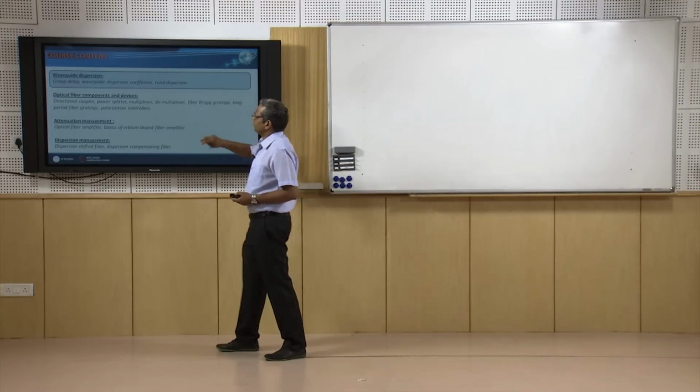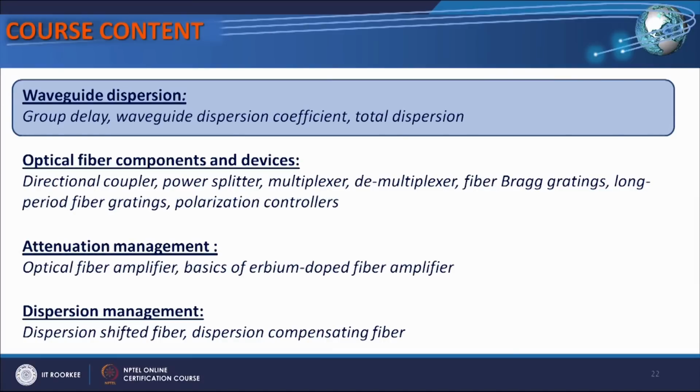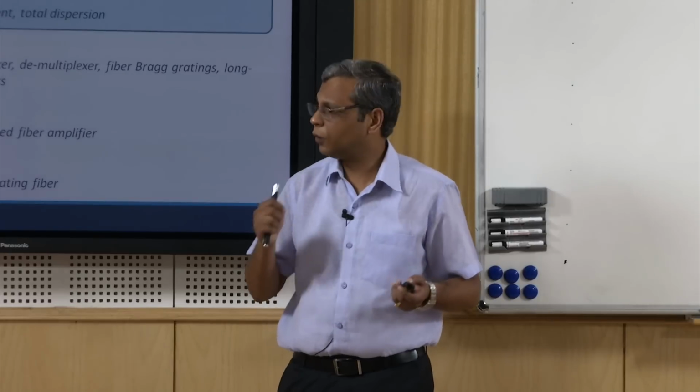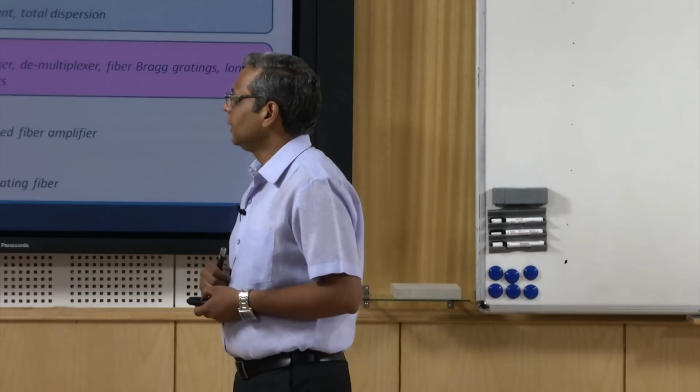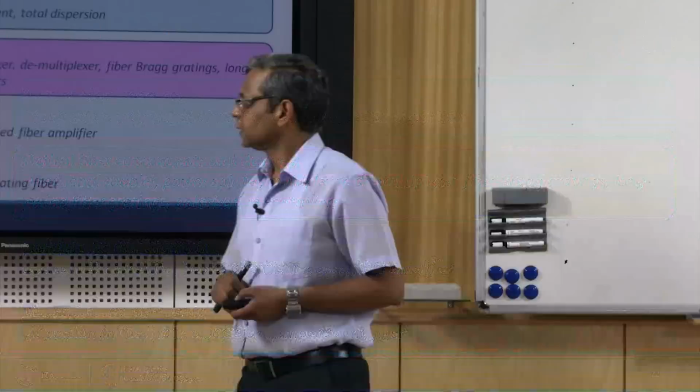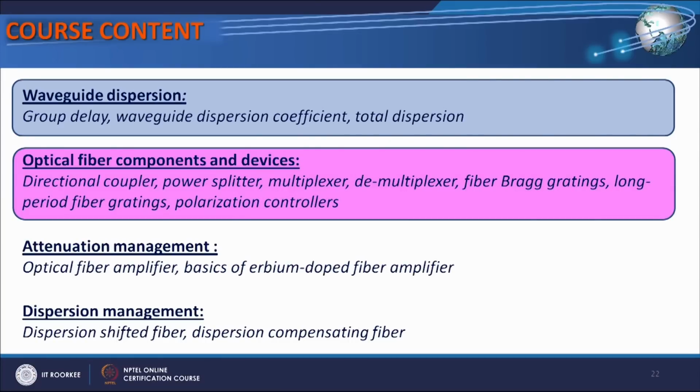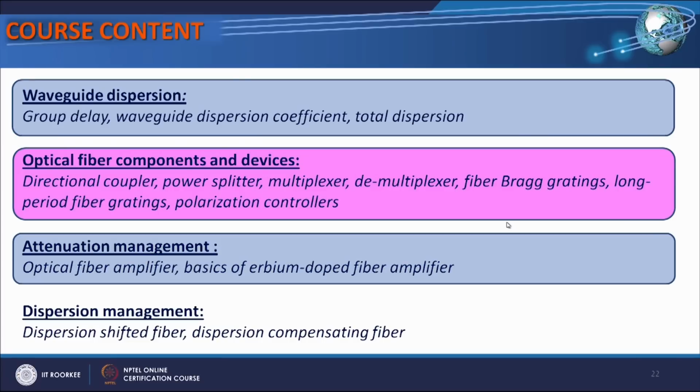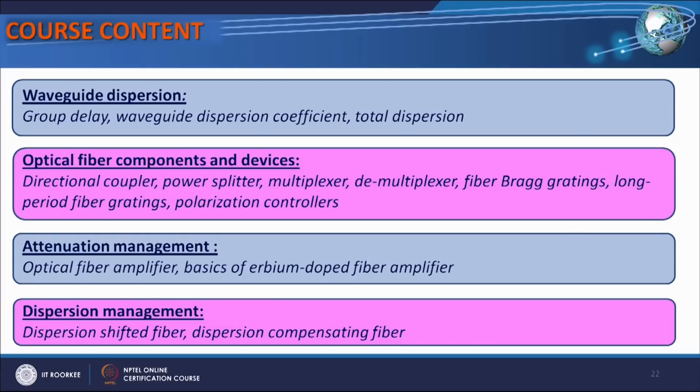Then waveguide dispersion, which is one of the mechanisms responsible for broadening of pulses. Then optical fiber components and devices, which include power splitter, multiplexer, demultiplexer. Then how do we manage the attenuation of pulses in an optical fiber? Then how do we manage broadening of pulses in an optical fiber, that is dispersion management.